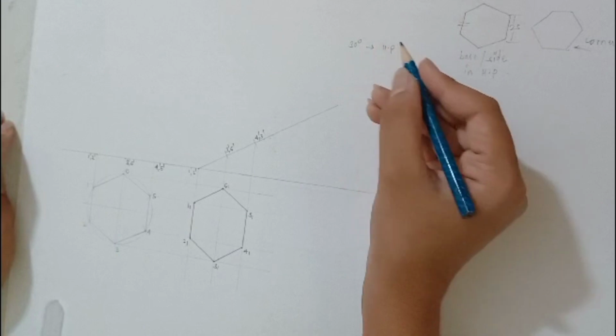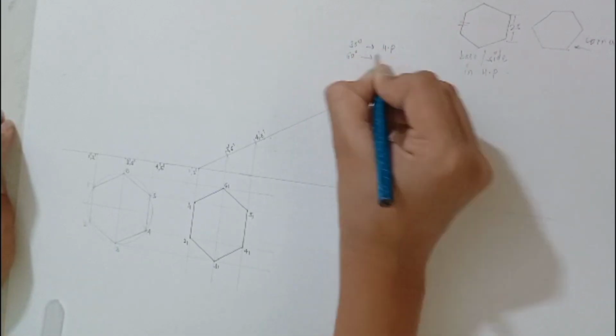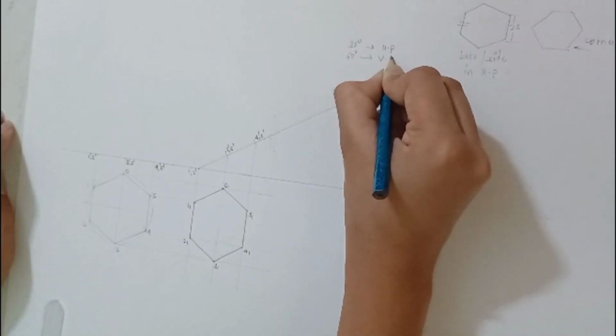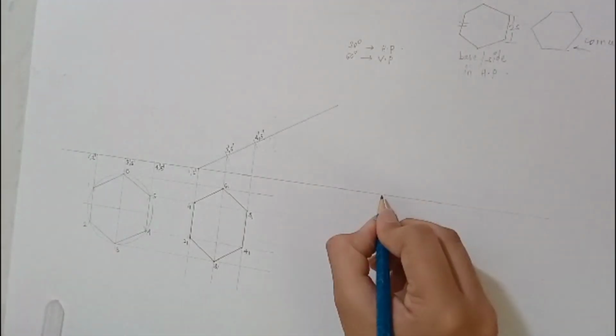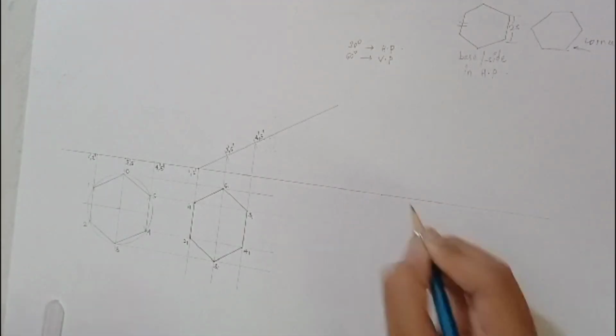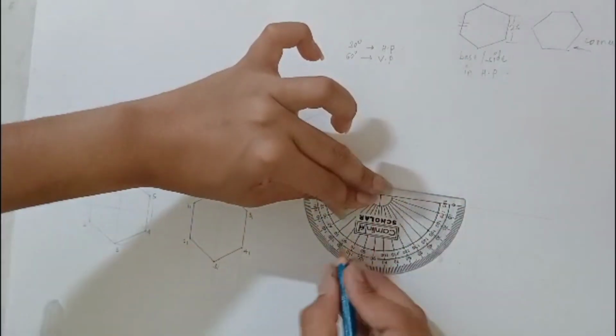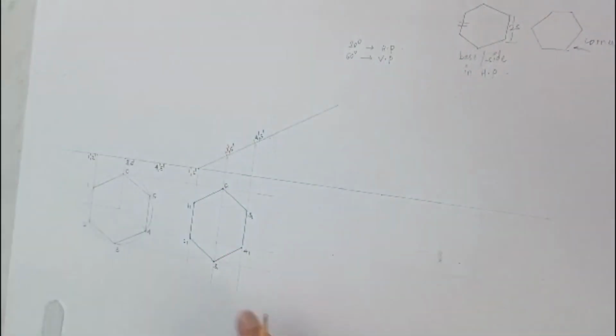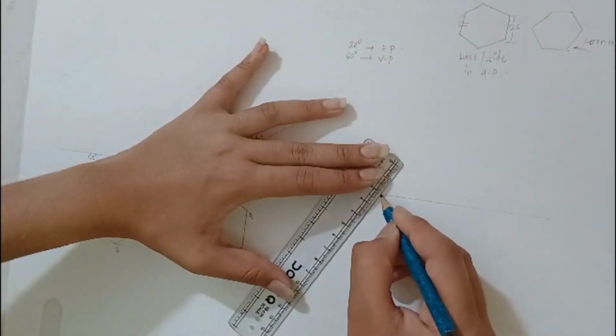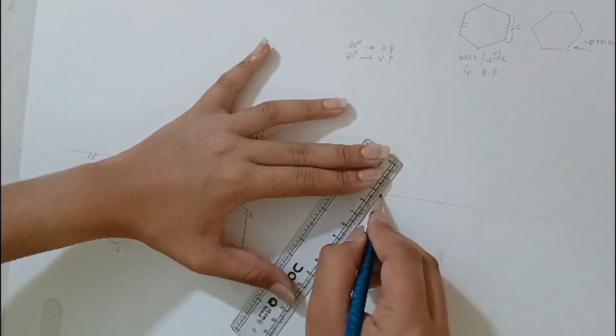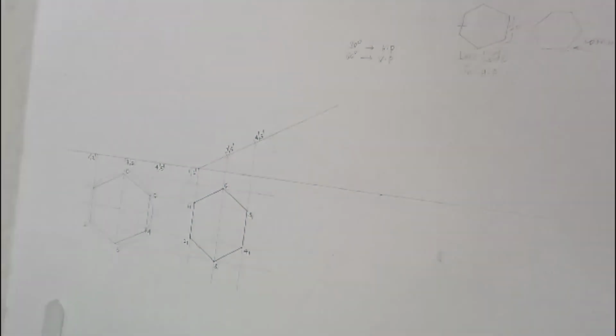Also states that the regular hexagon is inclined at 60 degree to VP. Now taking a point on XY and making an inclination of 60 degree. The question also states that one of its side lies in HP.